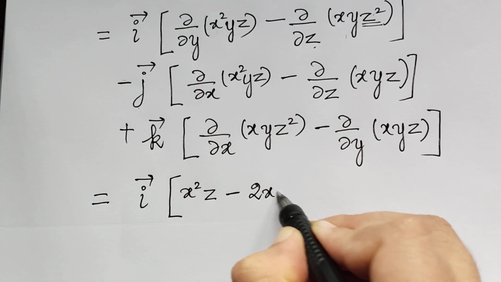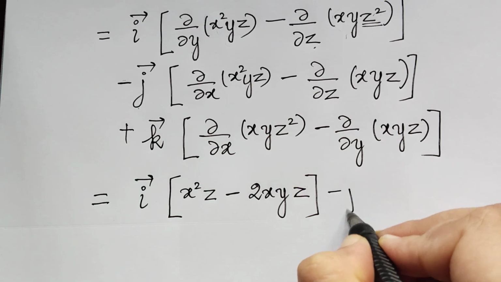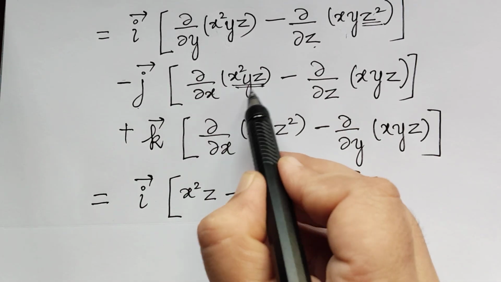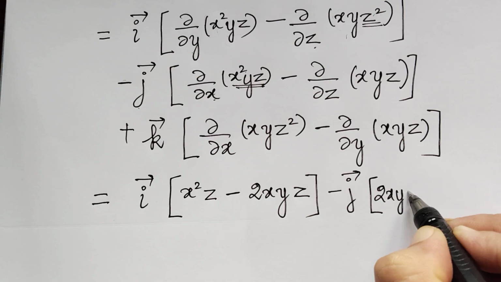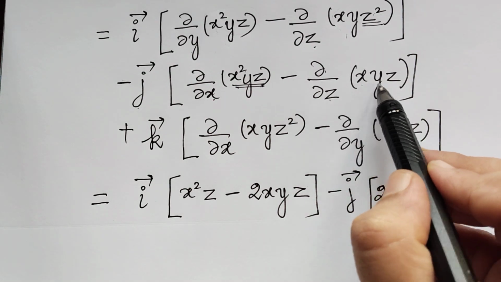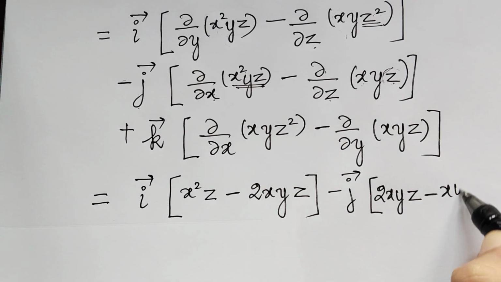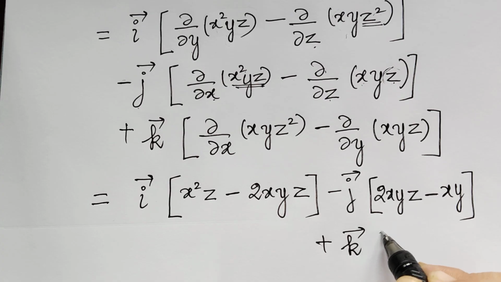So 2xyz will come, and then minus j vector multiplied with partial differentiation of this term with respect to x, which is 2x, so 2xyz, and then minus ∂/∂z of xyz. The differentiation of z is 1, so you will get xy alone here.